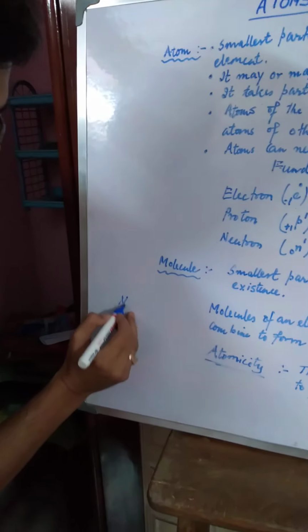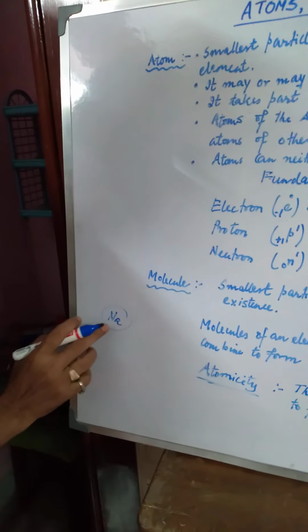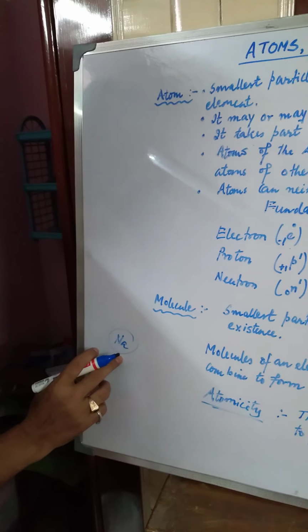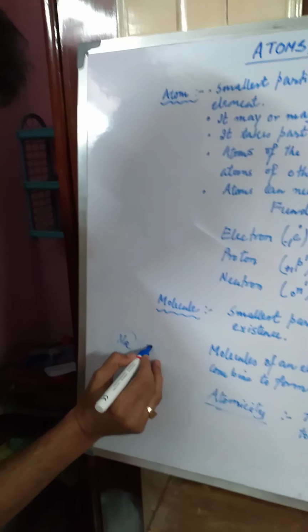Now the atoms of any metal. I told you earlier that the atom of a metal has an independent existence. If you consider the atom of sodium, it is represented only by its symbol Na. But how many atoms are there? Only one. So sodium is an example of a monoatomic element.